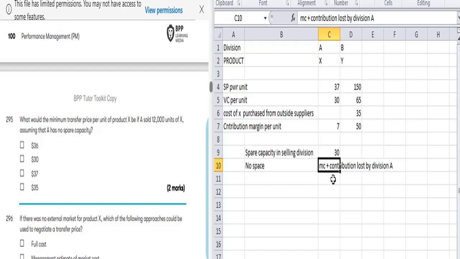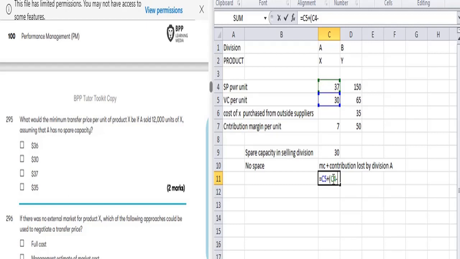So what would be the transfer price? It will be equal to the marginal cost, as I told you. Marginal cost means all the variable cost related to the product, which in our scenario is 30. And the lost contribution means, if division A had not sold this good to division B, it could be sold externally. The selling price of product X is 37, since division A is selling this product externally at 37 per unit.